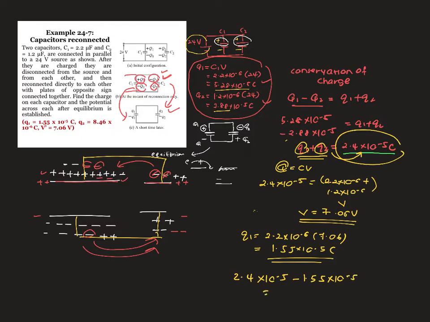So you are going to get 8.47 × 10^-6 coulomb. You can use this because you already know the total charge, so you just subtract, or you can use the formula Q equals CV for C2. Okay, so let's proceed to the next one.